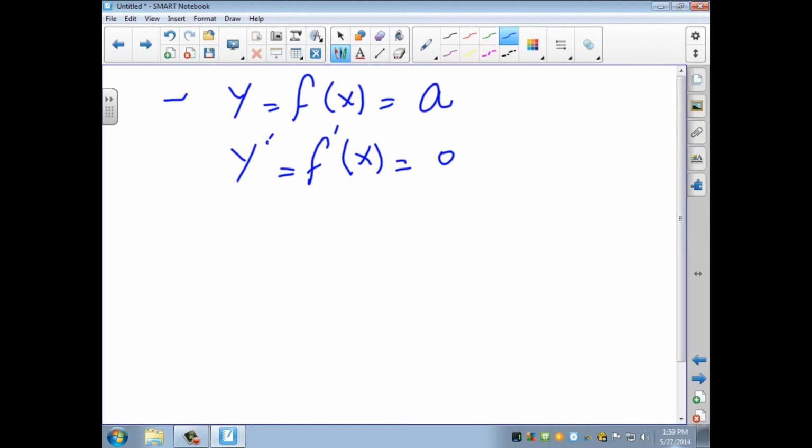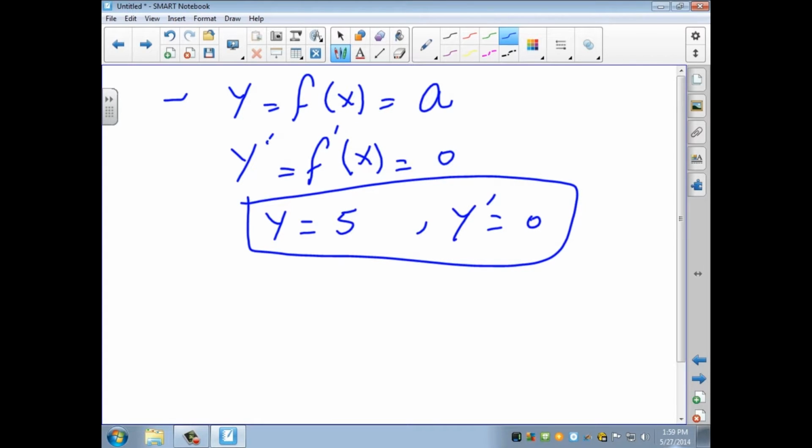That's the first rule. So if your function is a constant, the derivative of it would be equal to 0. So if y equals 5, that means y prime is equal to 0. Okay?